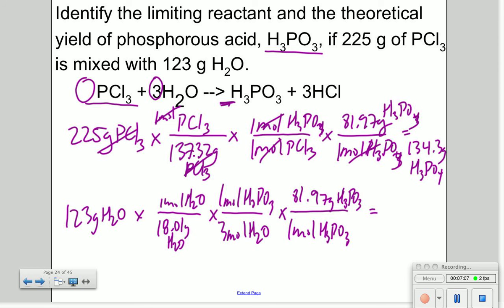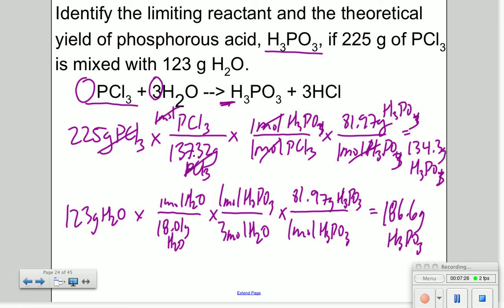So 123 divided by 18.01 times 1 divided by 3 times 81.97. I get 186.6 grams of H3PO3. Okay. Cool.